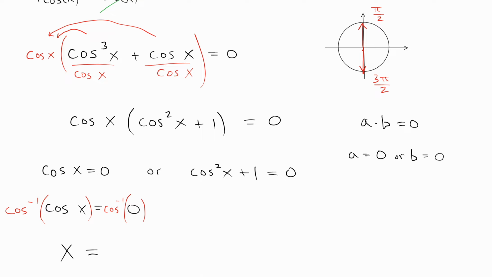See, the range of arc cosine is only going to be from 0 to pi. So it's going to have to output an angle from 0 to pi. So if we do this on calculator, we're just going to get the solution pi over 2.